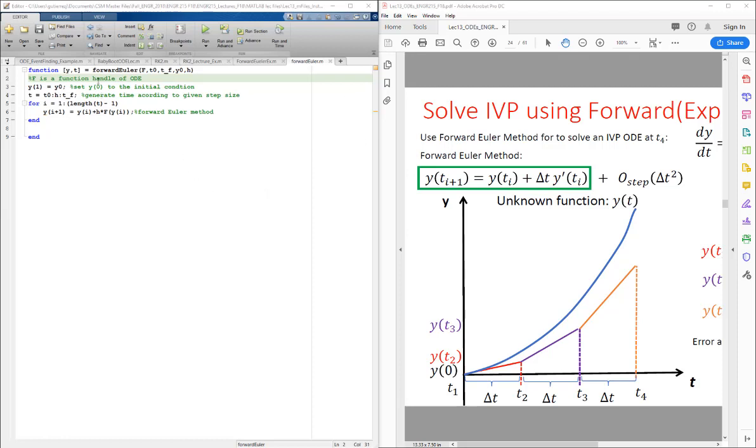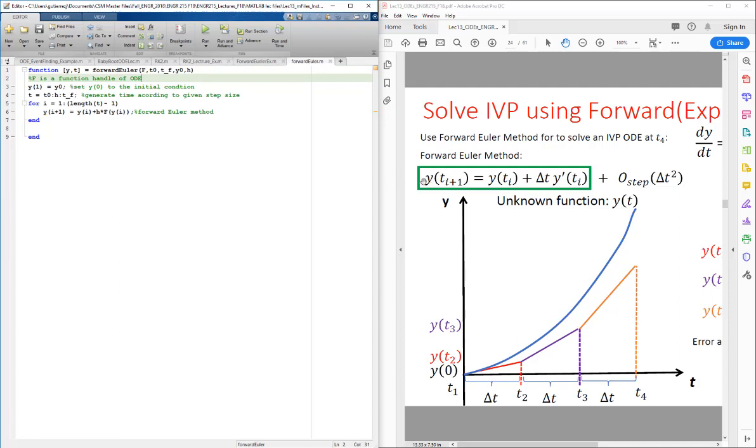So we can write a function called forward Euler that accepts a function handle f, an initial time, a final time that we'd like to solve our solution at, an initial value y naught, and h, which would be our step size.